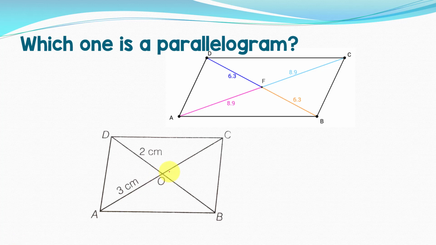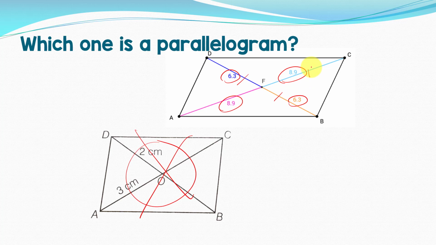For this one, we don't know enough information about this one, but we do have diagonals that bisect each other, which makes two congruent bisected pieces. So this is the fact that diagonals bisect each other.